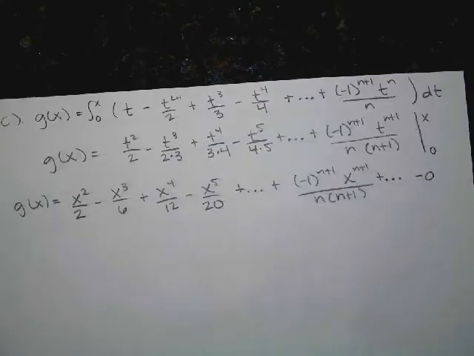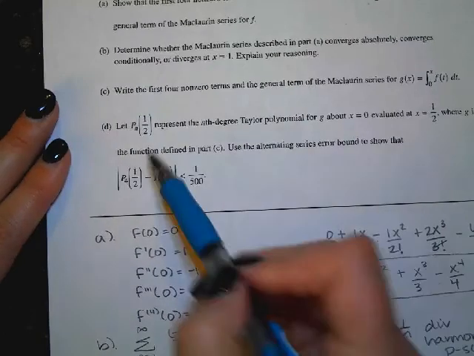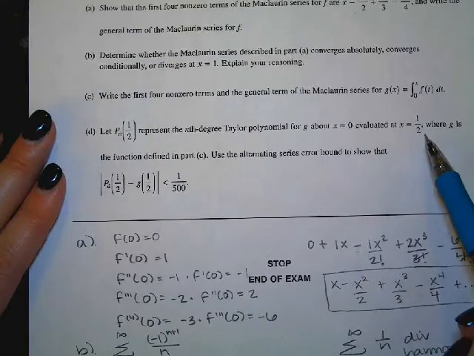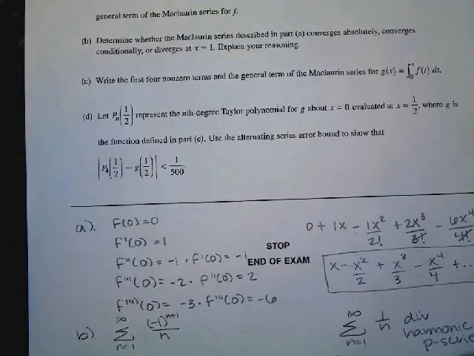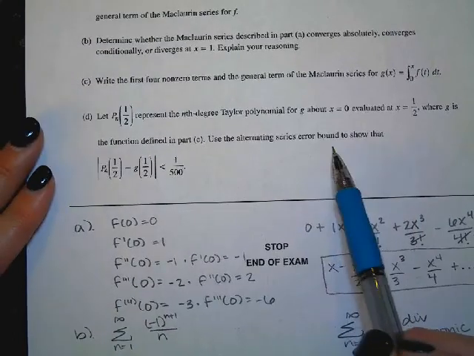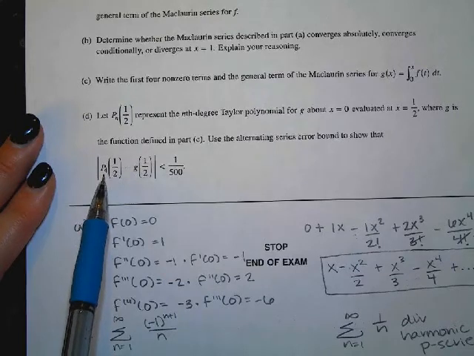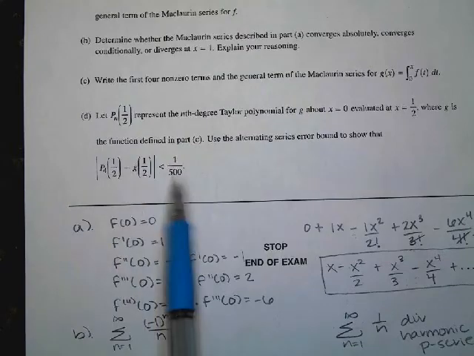And now the last part is the error bound, of course. They're not telling you what degree, they're saying nth degree for now, but you're evaluating it at 1/2. And then they said to use the alternating series error bound, so that's nice, because that's the easier one. And they said p sub 4, so that means that they want the error of the 4th degree, which means that we're going to use the 5th degree when we calculate the error.